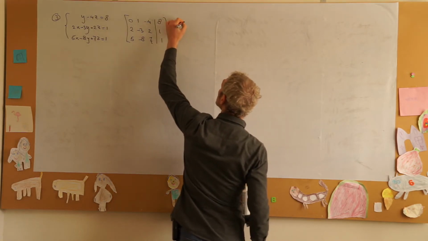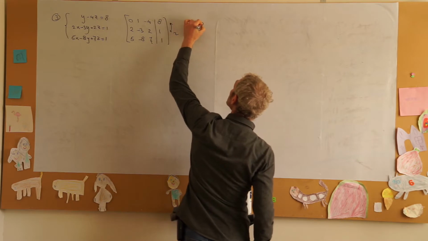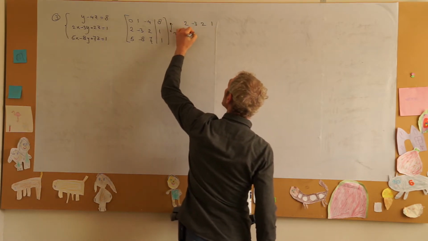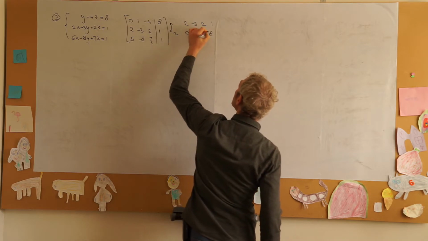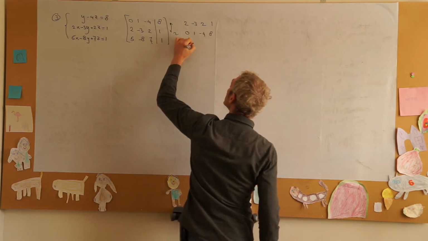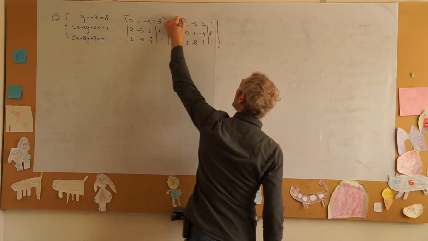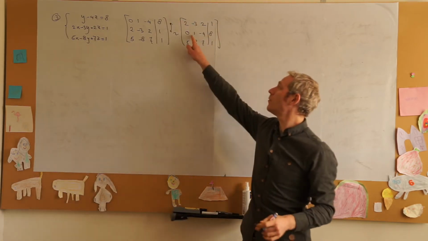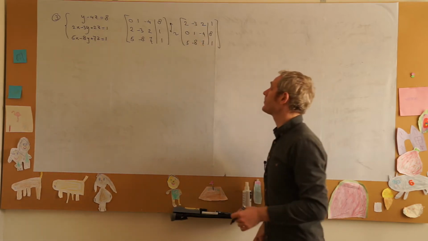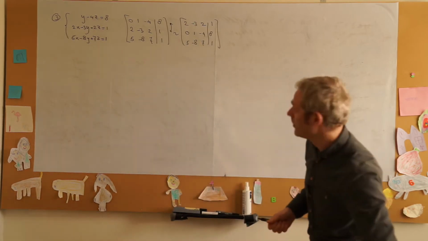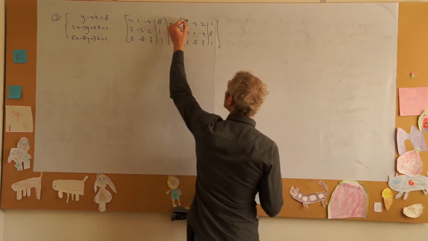So I get 2, minus 3, 2, 1, 0, 1, minus 4, 8, 5, minus 8, 7, 1. And this has the advantage that I already have a 1 in this middle position here. All right, but I still don't have a 1 in the top left corner, which I want to have here.